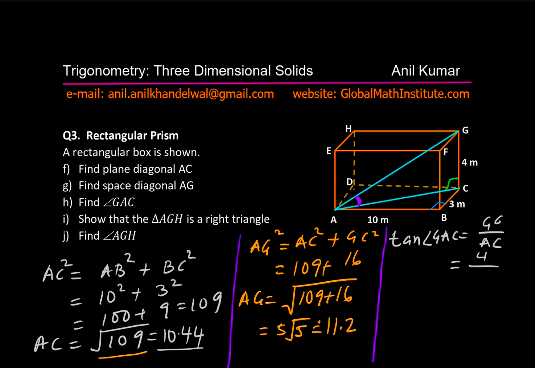So the angle GAC is tan inverse of 4 divided by 10.44. Is that clear to you?